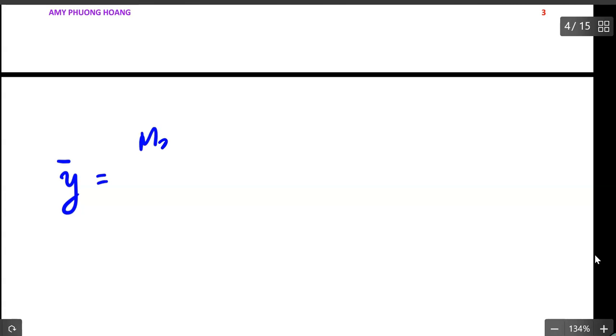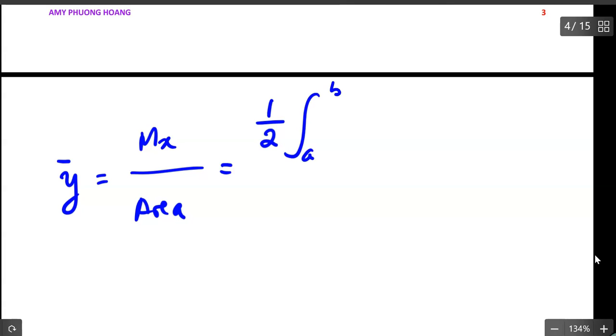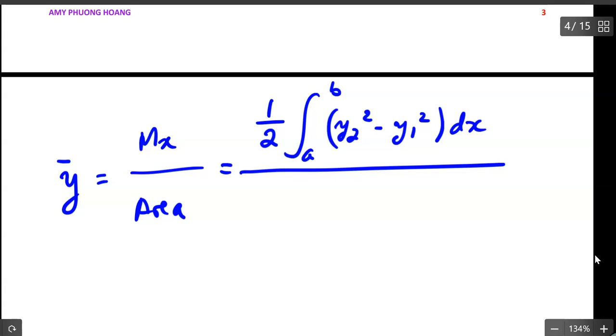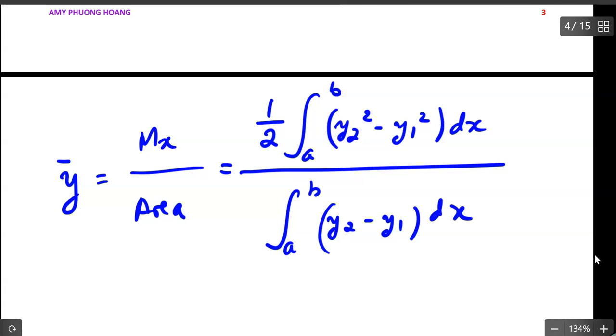This is the moment about the x-axis divided by the area, giving you this formula: a half times the integral from a to b of y2 squared minus y1 squared, integrated as a function of x, the whole thing divided by the area, the integral from a to b of y2 minus y1 dx.